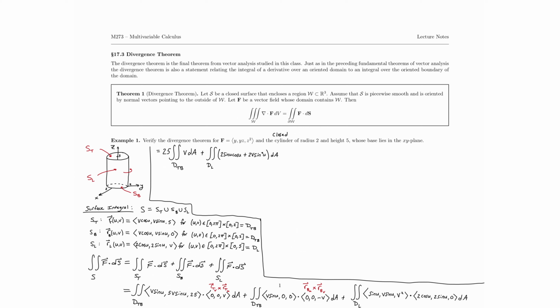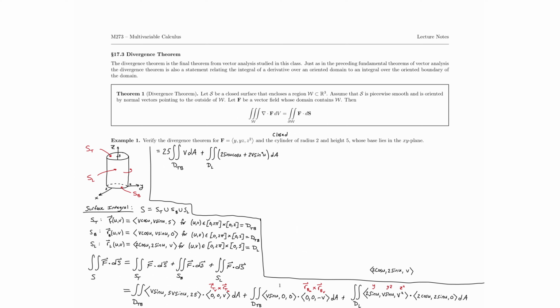Sorry, I didn't correct this 2. Remember that we modified this. So this is our y, yz, z squared, that's our vector field.